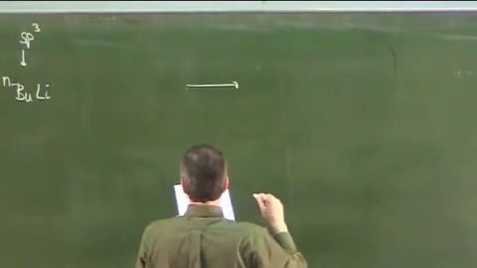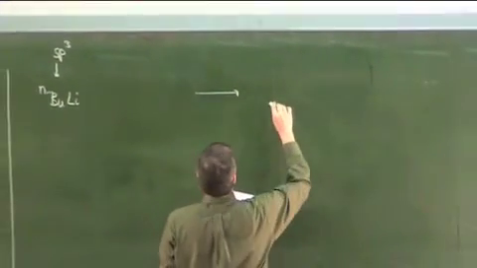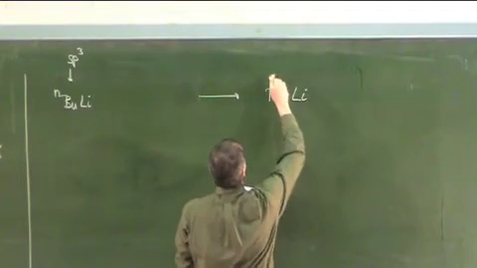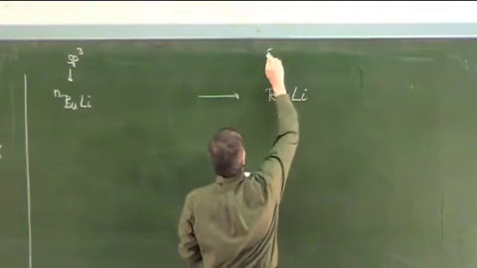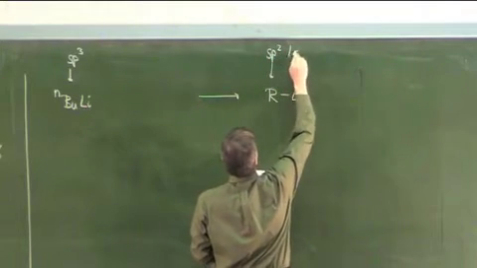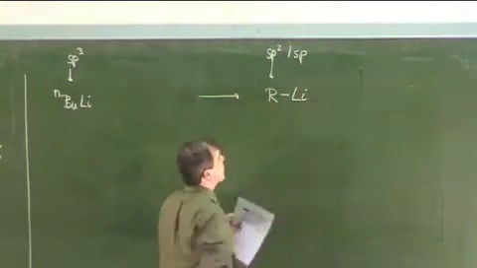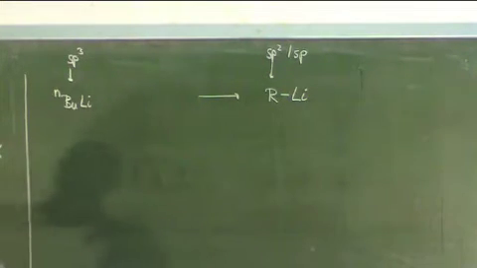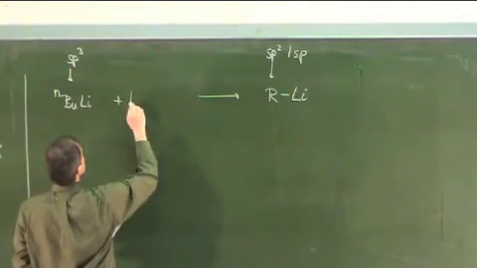And then in the end, you will go to, in this case, an organolithium compound, which will have here an sp2 or an sp hybridized carbon. So this is usually productive.